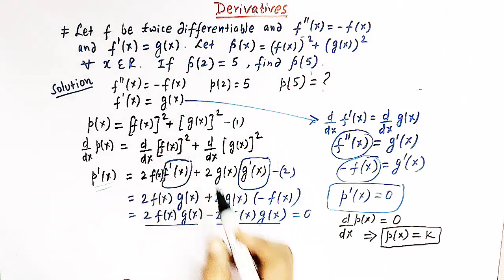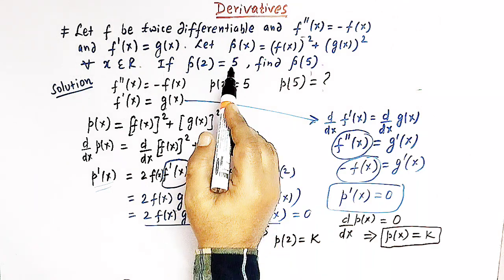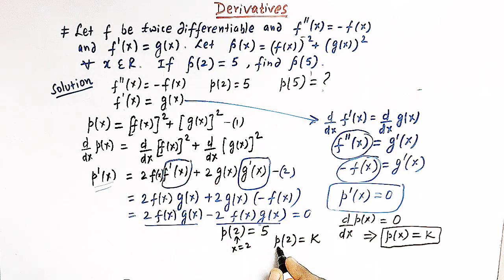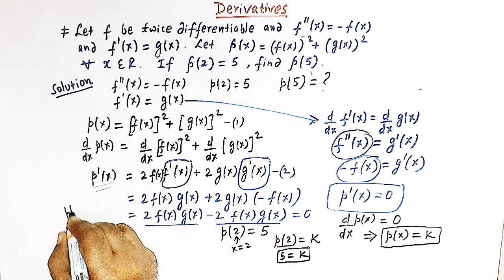So now we are given that p of 2 is equal to 5, right? So when we take x is equal to 2, then we can write from this equation, by taking x is equal to 2, we have p of 2 is equal to k, right? And p of 2 is given to be 5, so k is equal to 5, right?